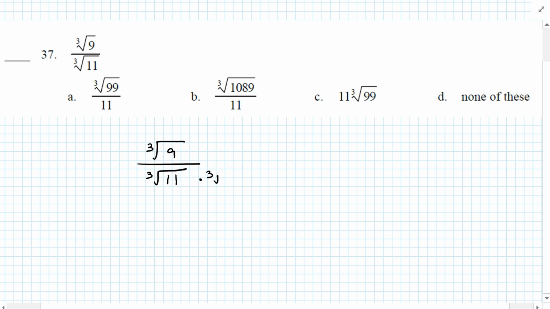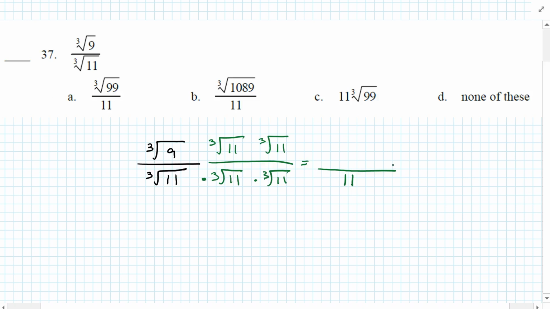So what I'm going to do is multiply the bottom by the cube root of 11 2 more times. And if I multiply the bottom by that, I have to multiply the top by it as well. So the cube root of 11 times the same thing 3 times is going to give us the cube root of 11 cubed, which would just be 11.